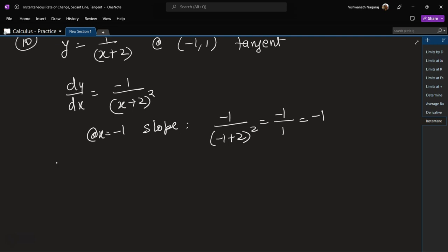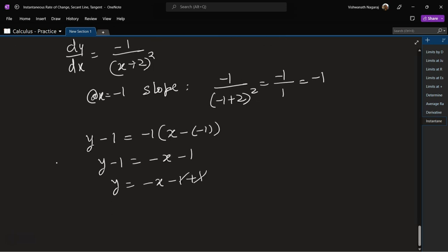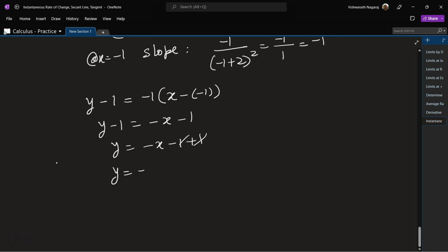So which means the tangent line would be y minus 1 is equal to minus 1 times x minus minus 1. So y minus 1 equal to minus x minus 1. y is equal to minus x minus 1 plus 1. So y is equal to minus x is the tangent line at minus 1 comma 1.